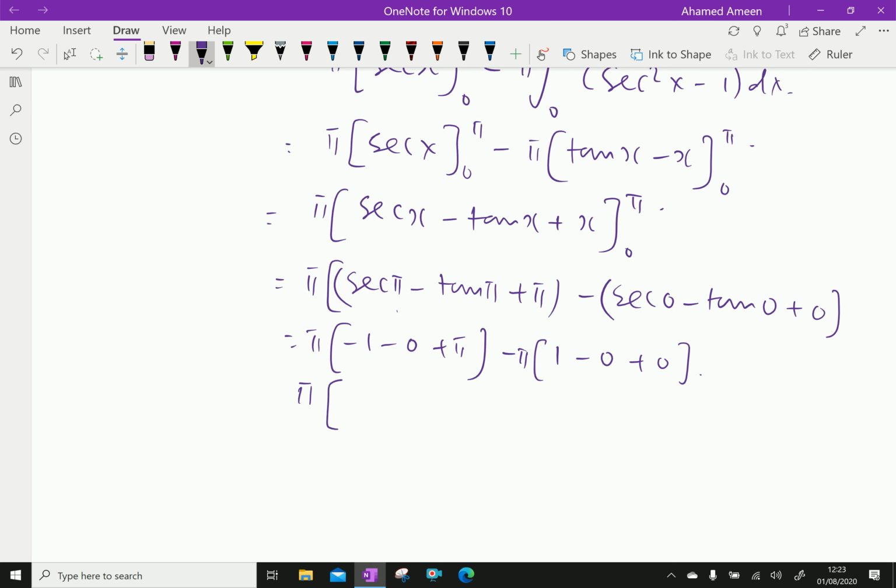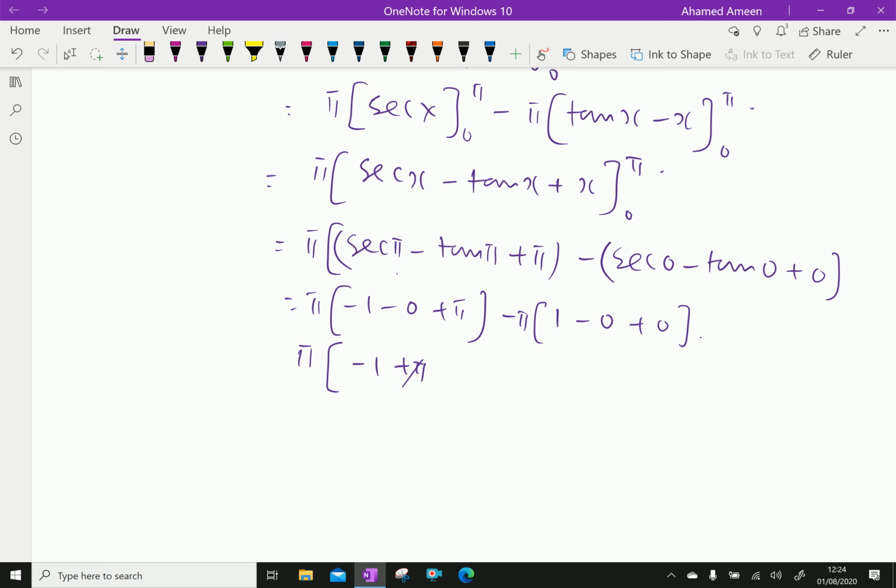So which is equal, pi is common, minus 1 minus 0 plus pi, minus 1 minus 0 plus 0.